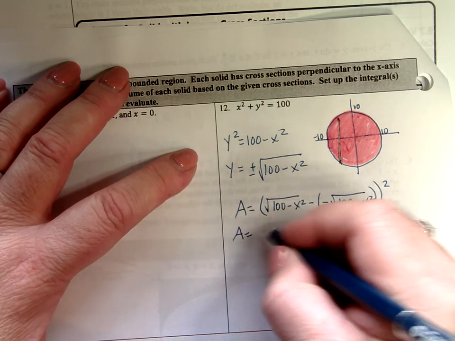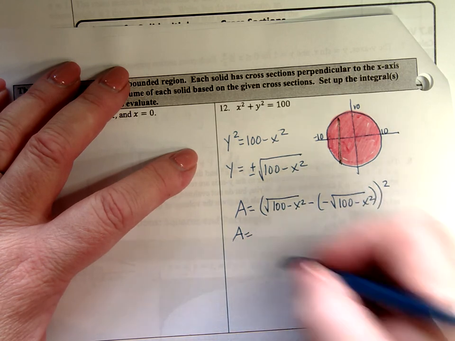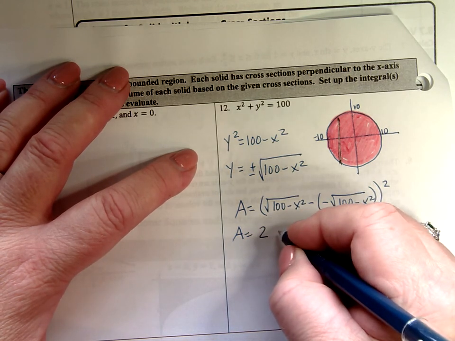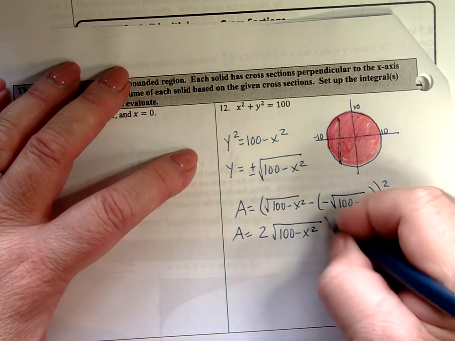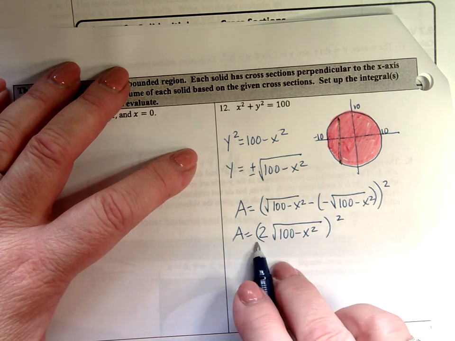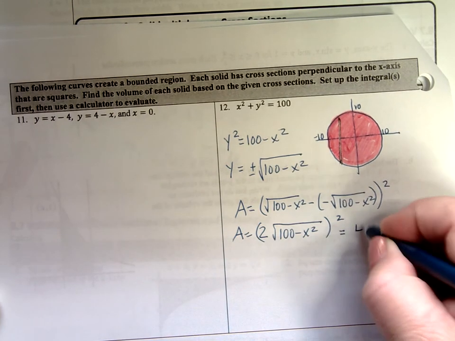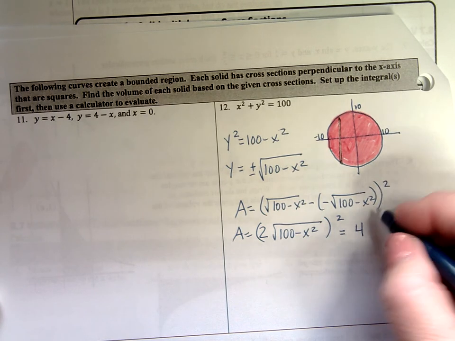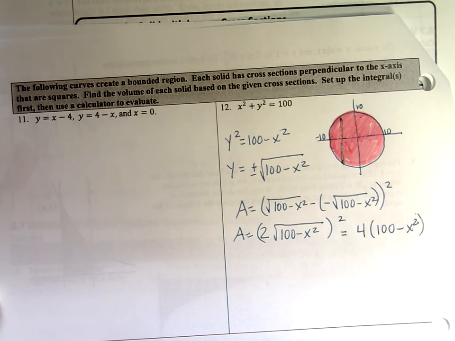Area is this square root plus another square root just like it, it gives me 2 of those square roots, and that quantity is being squared. There are several different ways that you can take this, and you could square out the 2. Let's square out the 2. That's going to give me 4. And when you square the square root, it gets rid of the root. So now you have 4 times 100 minus x squared. That's going to be a little bit nicer to put into your calculator.